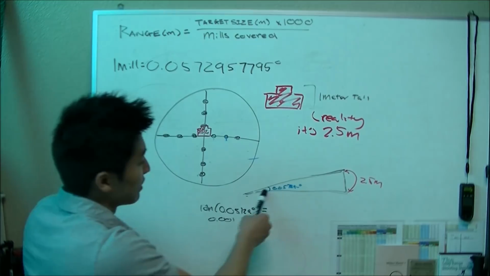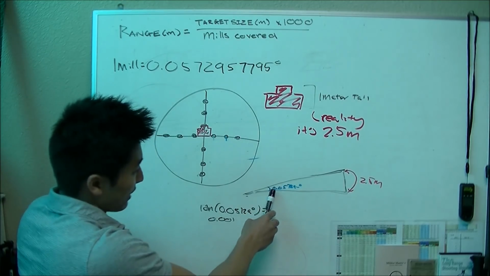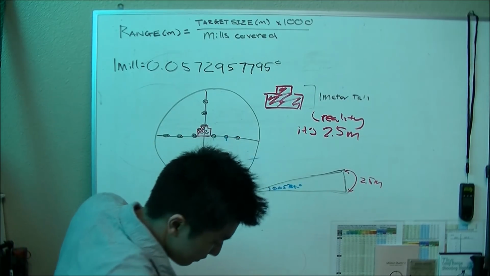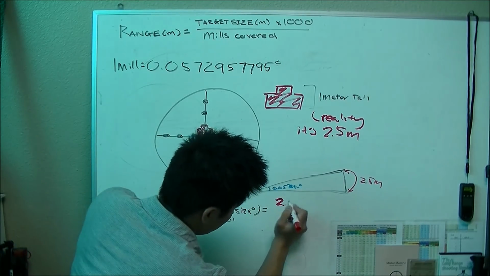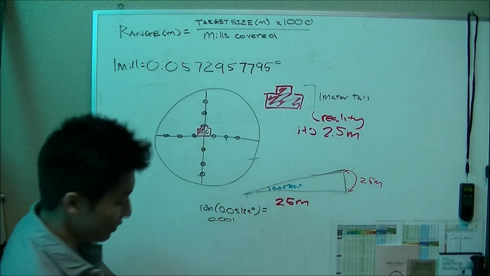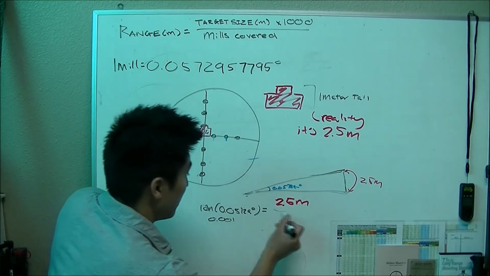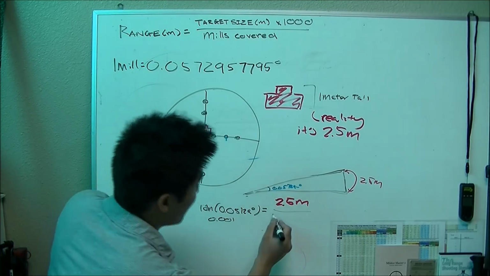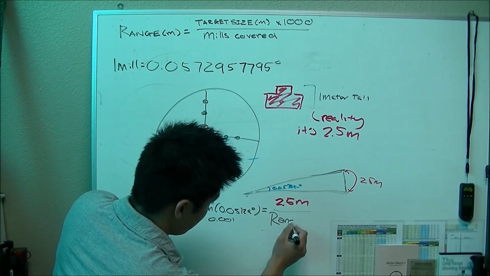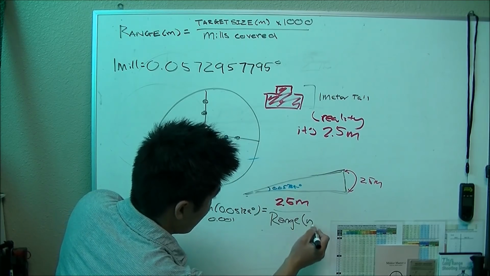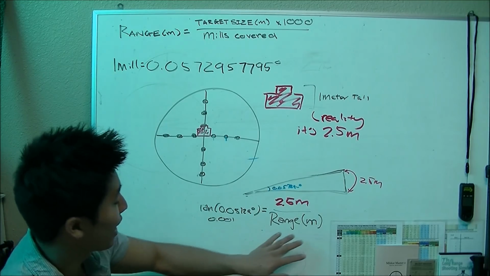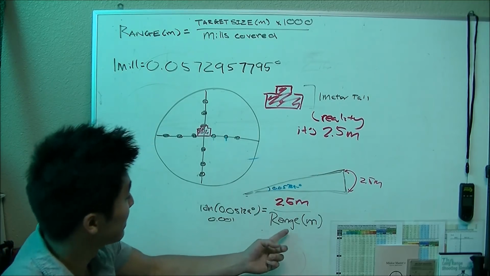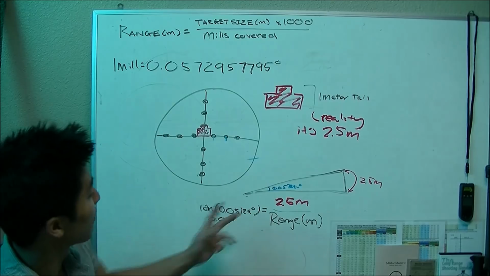So our opposite to this angle is going to be 2.5 meters. And we want to find our range. It's going to be in meters as well, because the target size is in meters. So how we're going to do this is, now we're going to multiply both sides by range.